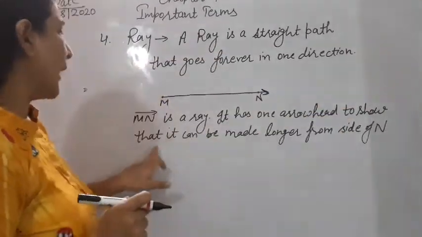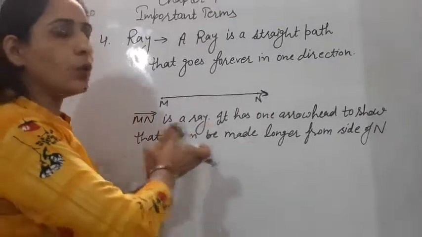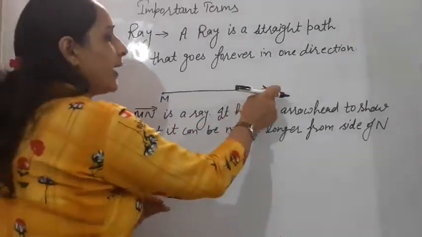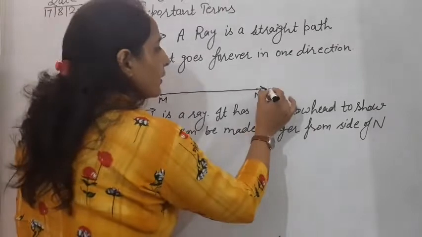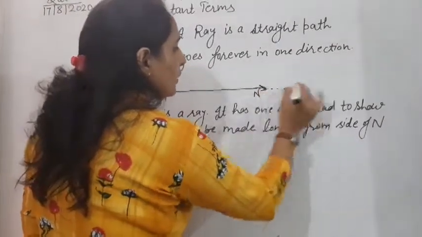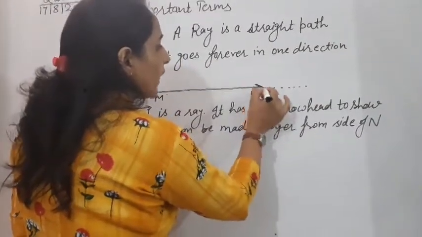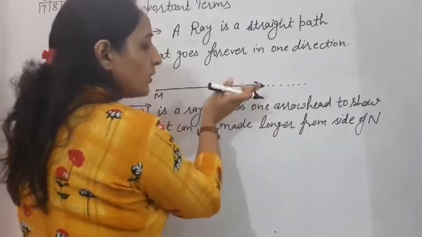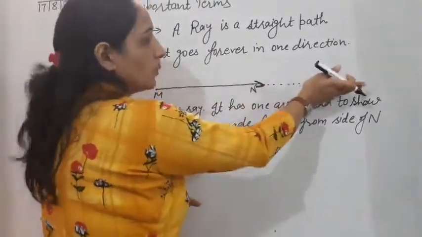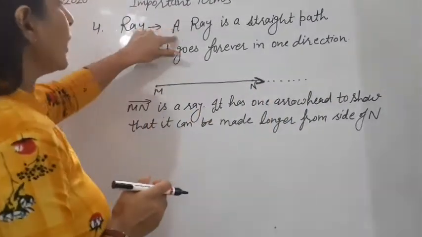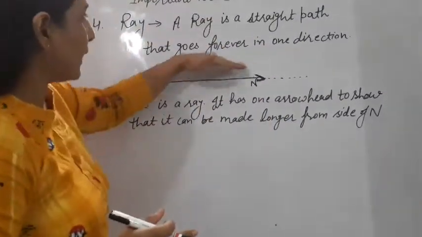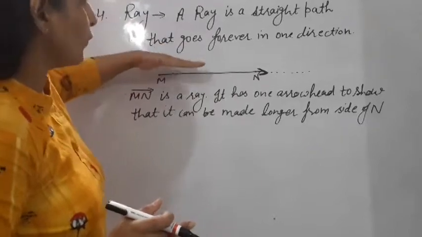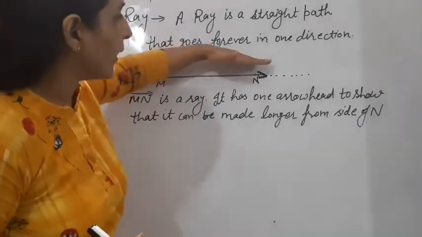The arrowhead shows that it can be made longer from the side N. It is moving there and continues. So a ray is a straight path that goes forever, moving in one direction.